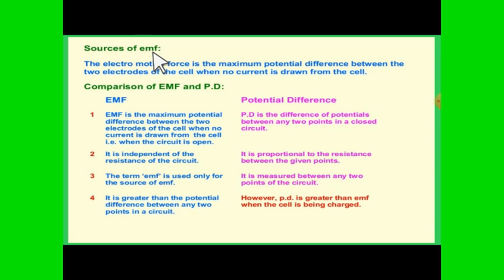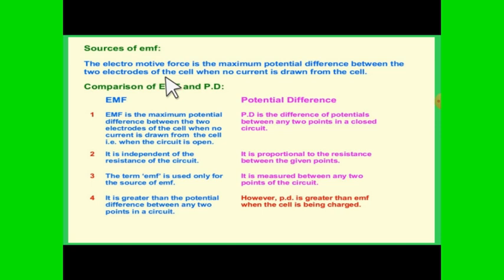And what is this electromotive force, EMF? Your EMF is nothing but the maximum potential difference between two points. In the case of a cell, it will be the two electrodes. In the case of a battery, it will be the positive terminal and the negative terminal.